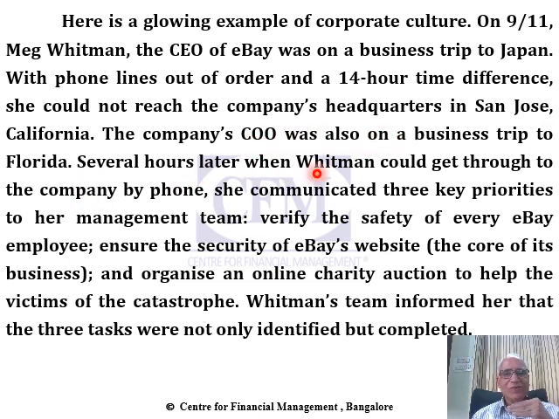Several hours later, when Whitman could get through to the company by phone, she communicated three key priorities to her management team: verify the safety of every eBay employee, ensure the security of eBay's website, and organize an online charity auction to help the victims of the catastrophe. Whitman's team informed her that the three tasks were not only identified but also completed.